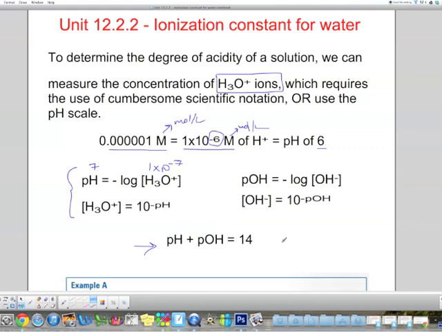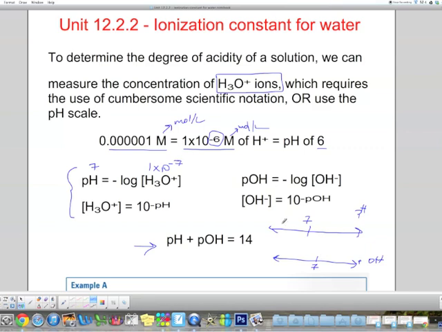Now, we may have shown you last year that there is a pH scale. So 7 is the neutral point, pH scale. But there's also what we call, and what we rarely use actually, but it still exists, a pOH scale. And it's basically a reverse image, a mirror image, I should say, of the pH scale.